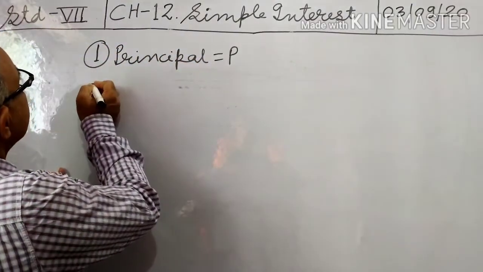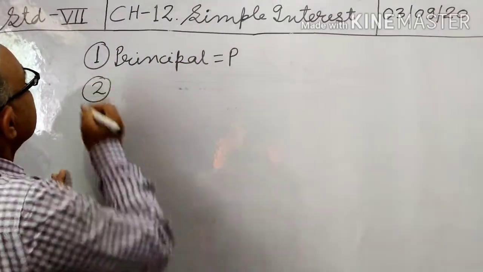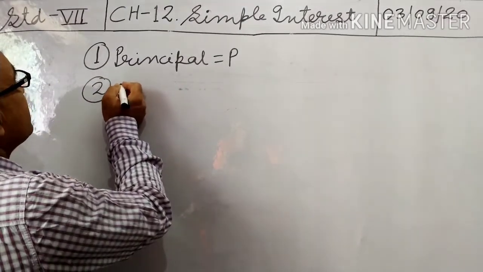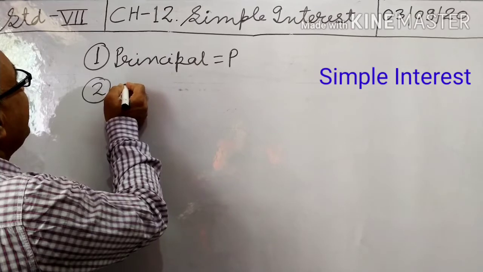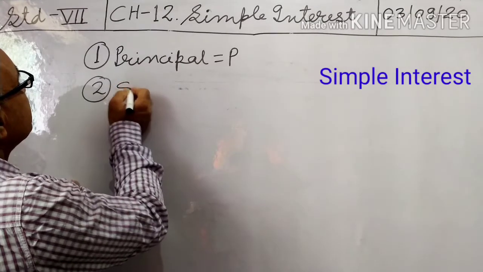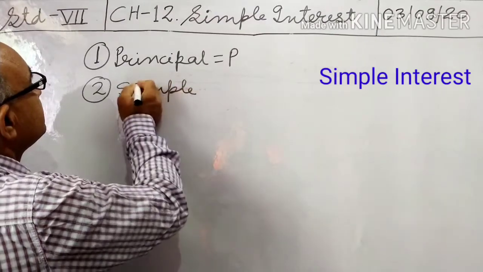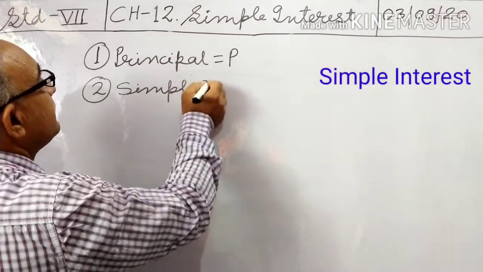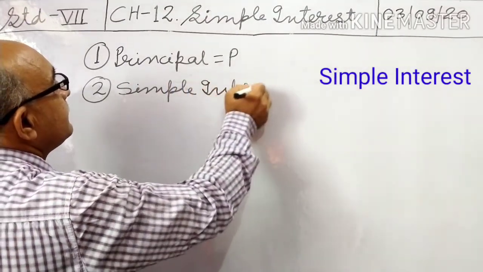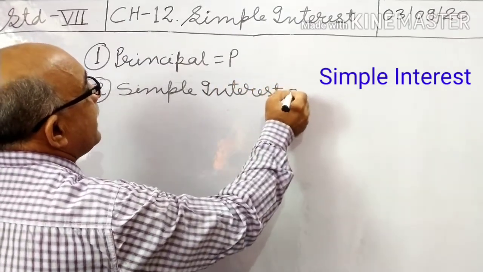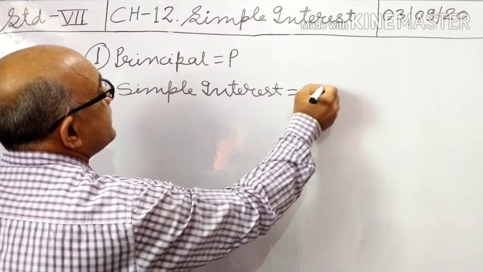Second term is interest, simple interest. The abbreviation of simple interest is SI.